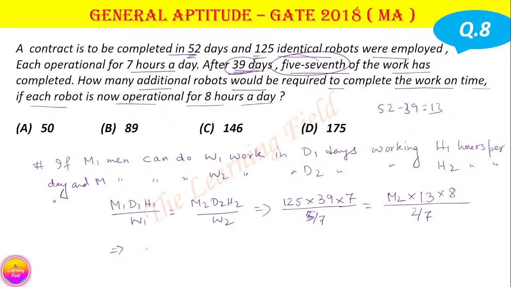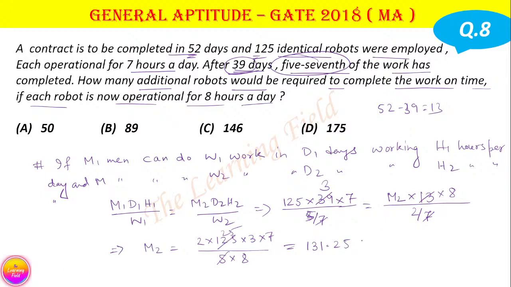So 13 and 3 cancel out, and the 7s cancel out, and now this implies M2 is equal to 2 into 125 into 3 into 7 by 5 into 8. Simply cut here, 8 means 2 fours. If we calculate, we get 131.25.